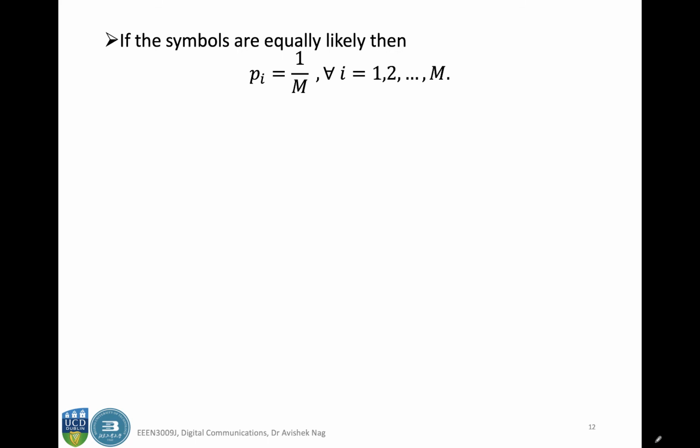If the symbols are equally likely, then they all have a priori probabilities defined by pi equal to 1 over M, that is, the probability of occurrence is the same for all the symbols.